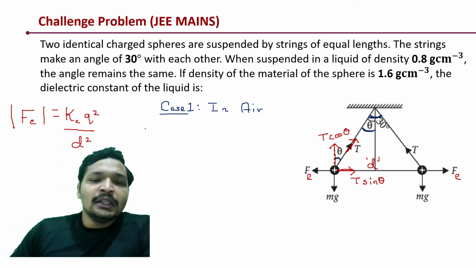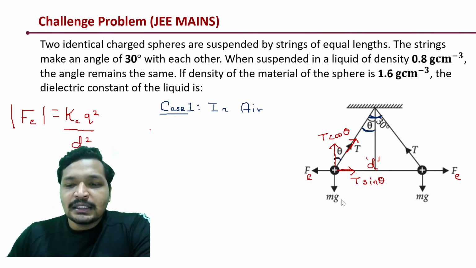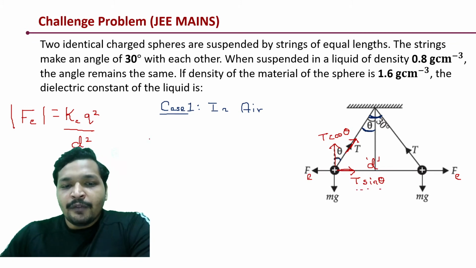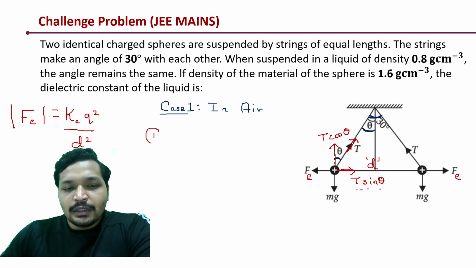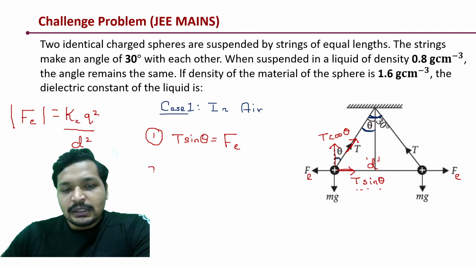Okay, simple. Now what we need to do is simply balance the forces. Really simple. First of all, let's work around T sine theta. Write down the first equation. It says T sine theta is going to be Fe. The second one says T cos theta.